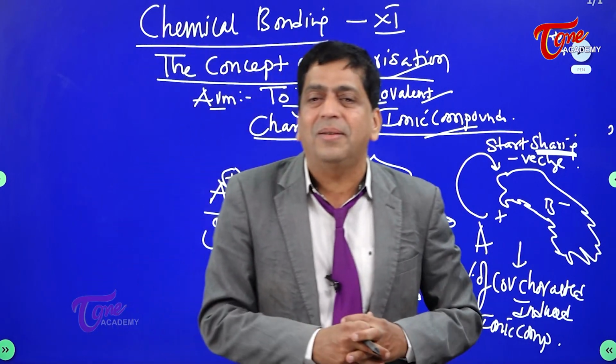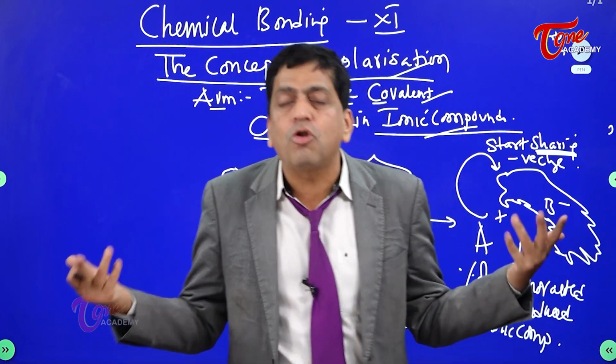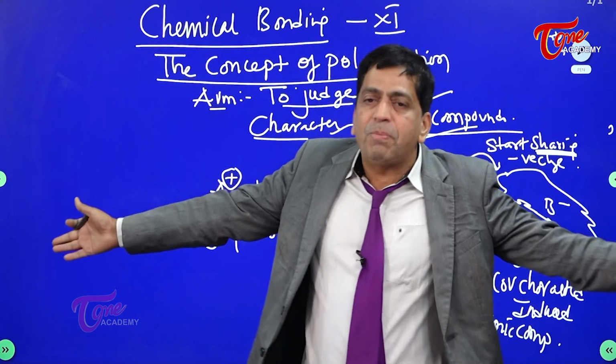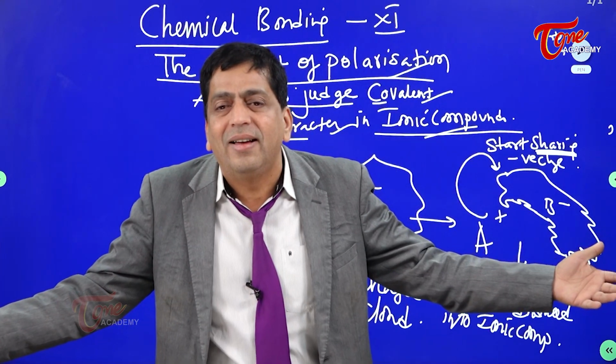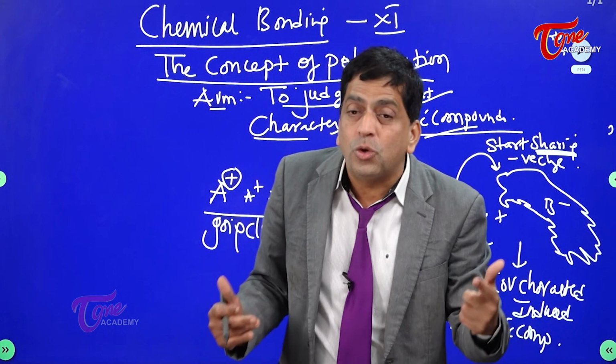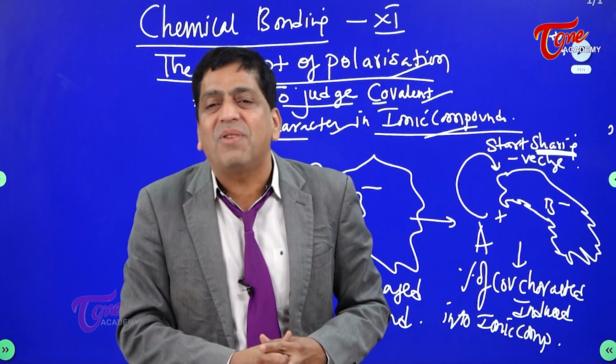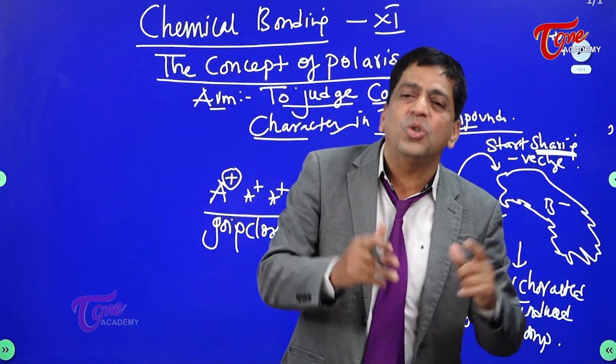You must understand that. If there is absolutely no distortion and the cation is actually far away, then it's 100% ionic bond. But since you are approaching it, going close, then the percentage of covalent character basically increases. You must understand that.